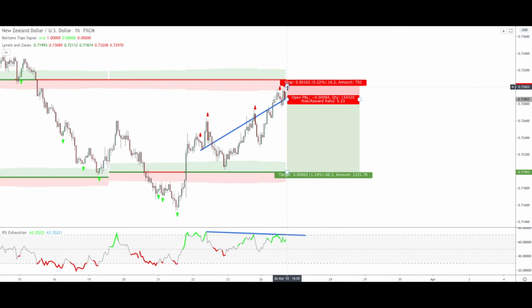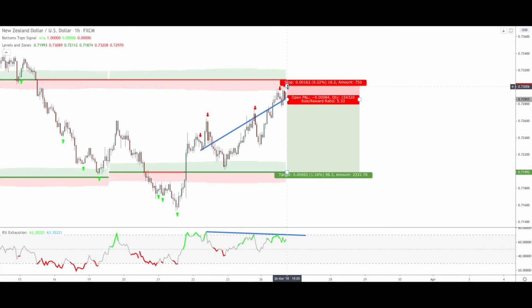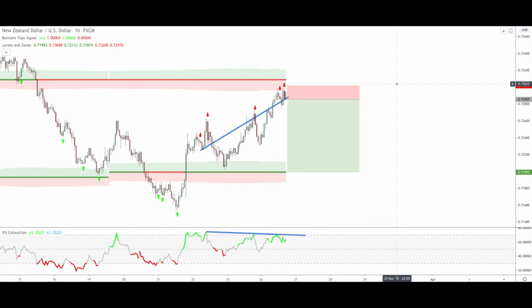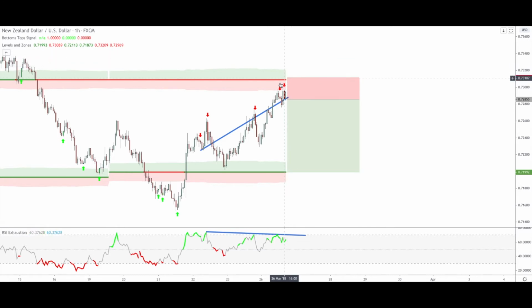We give it a bit more room to move, but I'd say that this approach is very aggressive, because in this kind of scenario I like to keep the stop loss above the resistance, so that we are super protected by the sell zone and the resistance as well, but at the same time we are moderately aggressive.